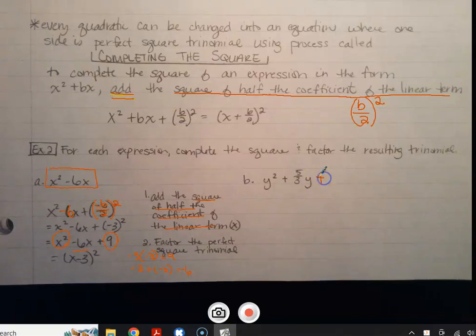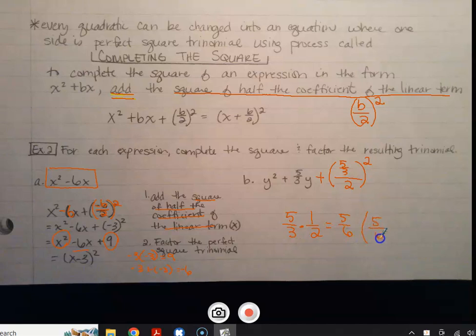Add the square of half the coefficient, so half of the b term. So what is b? 5/3. Okay, so we're going to do 5/3 divided by 2 squared. You could use a calculator, but 5/3 divided by 2 is also multiplying by 1/2. Multiply by that reciprocal. So that would be 5/6, and then we square that.